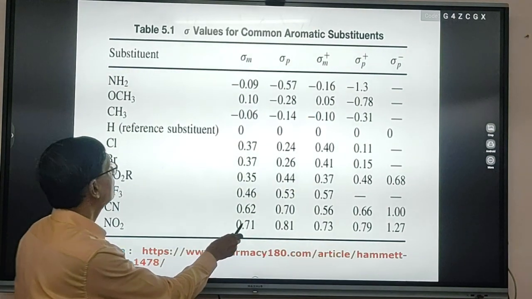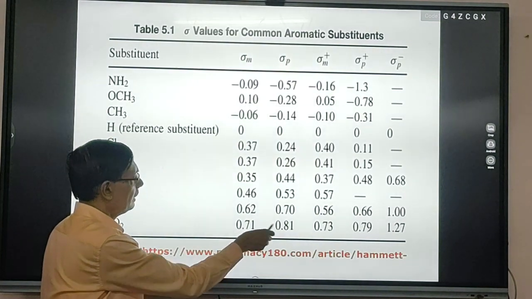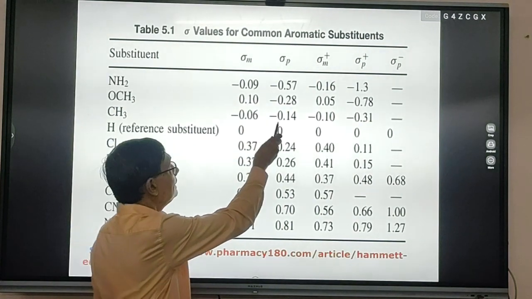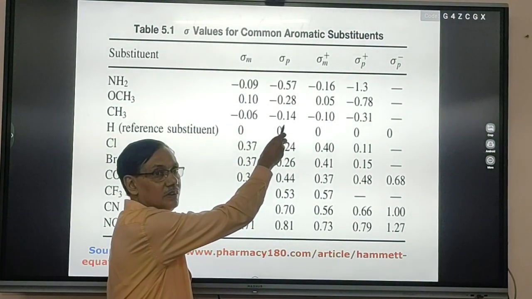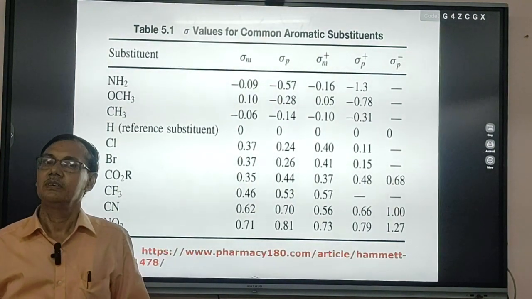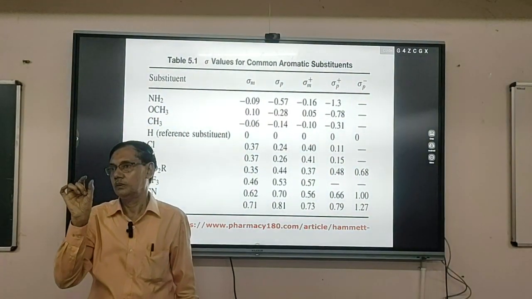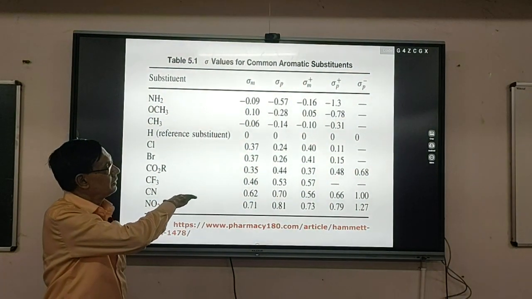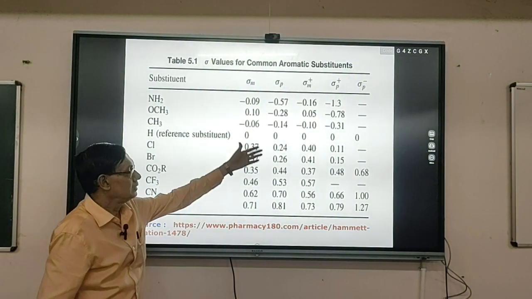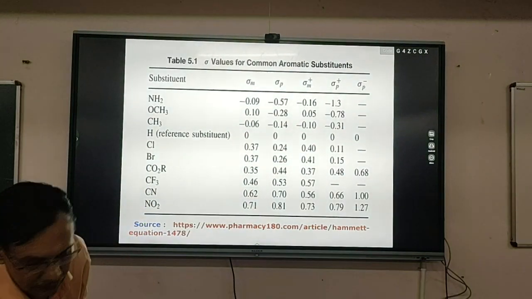Nitro is around 0.81 or whatever it is, for meta it is plus 0.7, and methyl is minus 0.14. It is so simple. It is not rocket science. So Hammett, now you can understand what the substituent constant actually is. On the basis of very simple calculation, Hammett determined all types of substituent constants.